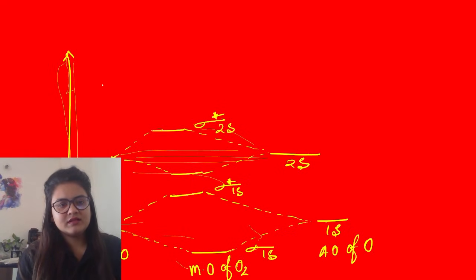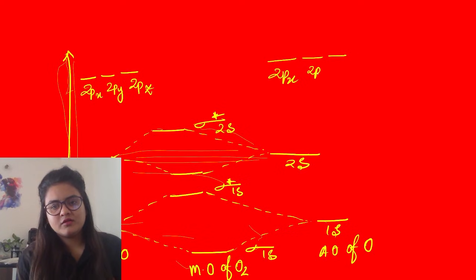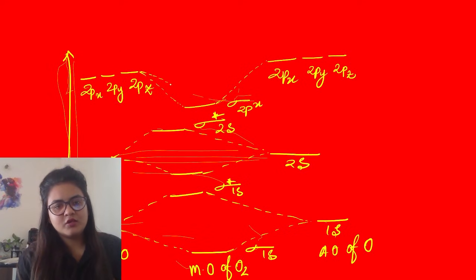Okay, now I am having p orbitals. P orbitals are 3, so let it be 2px, 2py, 2pz. Here also, let's say I am having these 3, 2px, 2py and 2pz. Let's say px is the molecular axis, so it will make a sigma at first. So 2px is making the sigma, sigma 2px, and it will make 2 pi orbitals with 2py and 2pz.